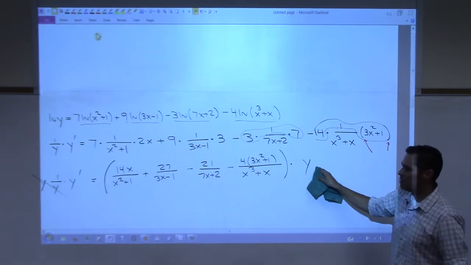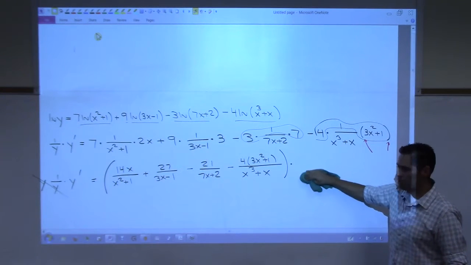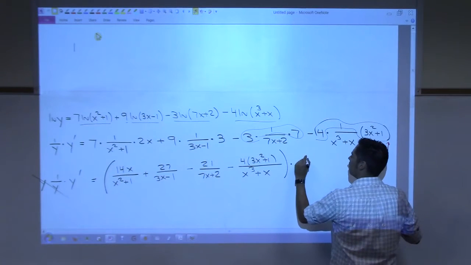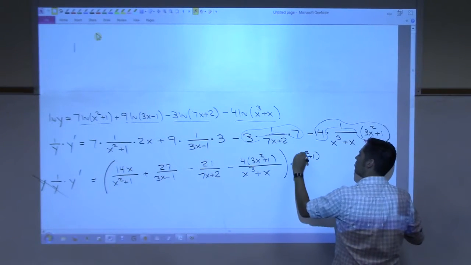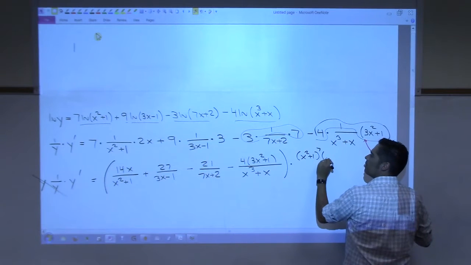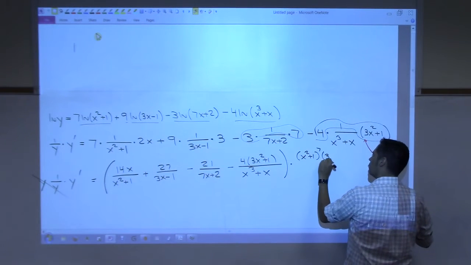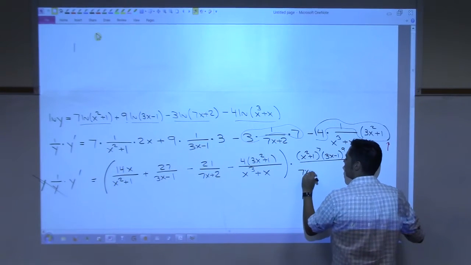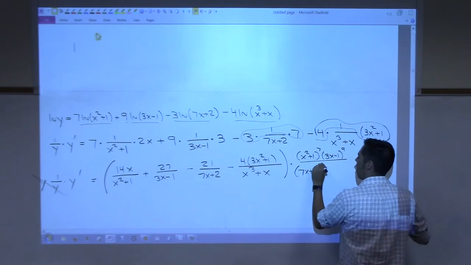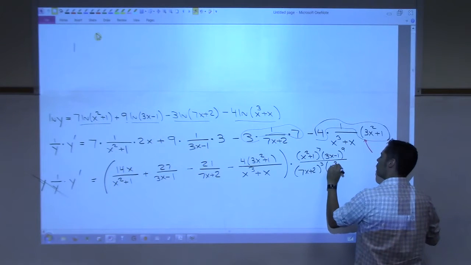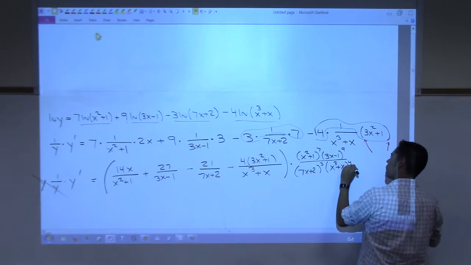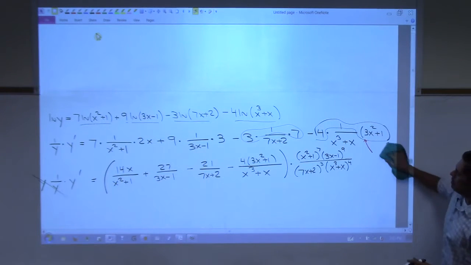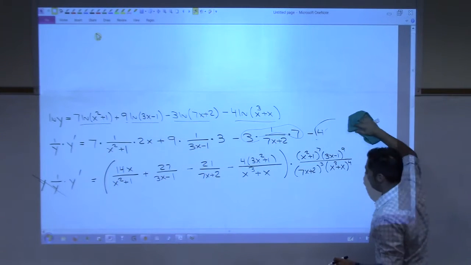You get to replace this y with the original function, which was (x squared plus 1) to the 7th times (3x minus 1) to the 9th, all over (7x plus 2) to the 3rd, times (x cubed plus x). There it is. That is your derivative.